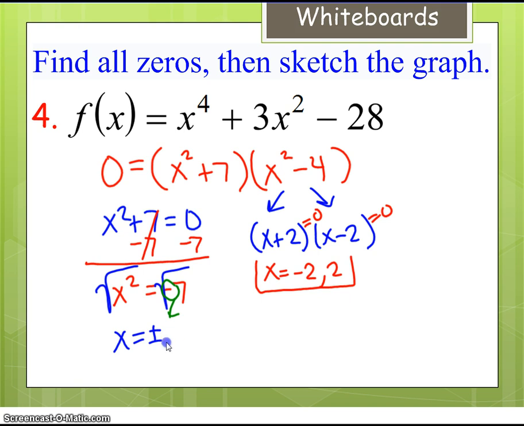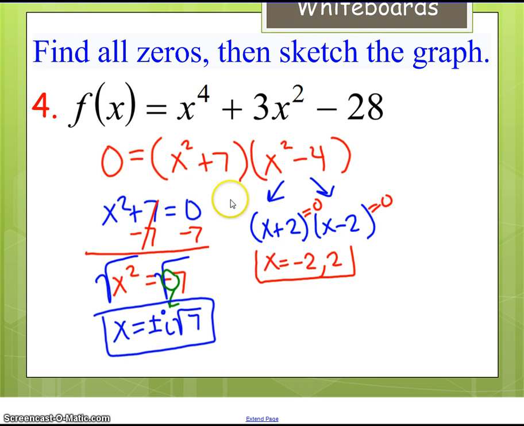Okay, be careful with that. It just comes out as an i. The 7 stays inside the square root because the square root of 7 is some decimal. You don't have to figure it out. You could just leave it as square root of 7. You don't have to find the decimal because you can't graph the imaginary anyway. So you could just leave it as plus or minus i square root of 7.